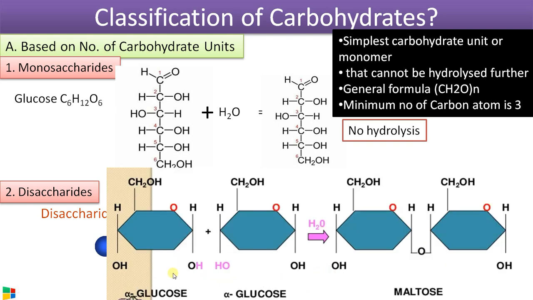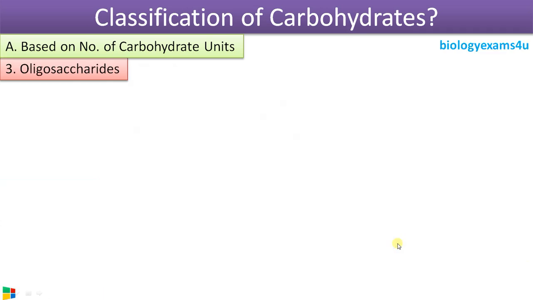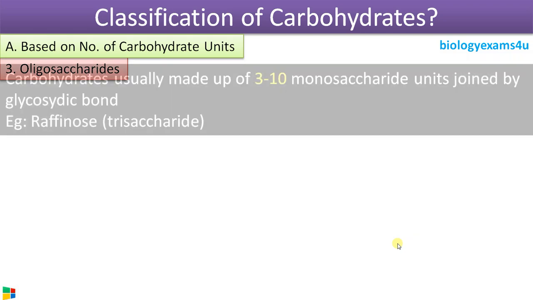Let's take an example. So this is glucose. Glucose plus glucose forms maltose, which is a disaccharide made up of 2 glucose units linked by a glycosidic bond. This bond is called the glycosidic bond. Now the third type is oligosaccharide.